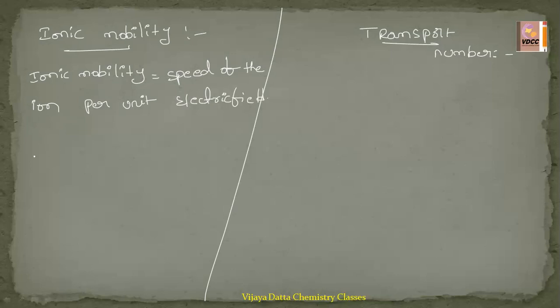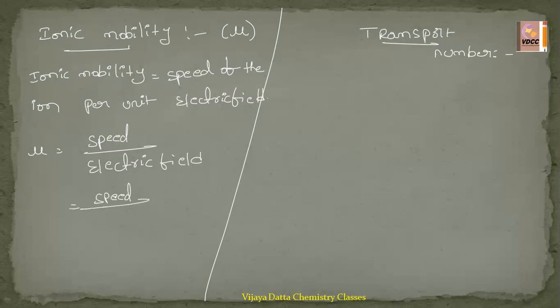This ionic mobility is represented with mu. So mu equals speed by electric field, we can even write it like this also, or speed by potential gradient. Because we are taking an electrolytic solution, we take the potential difference, that is nothing but the potential gradient. The units for this ionic mobility are V inverse centimeter square second inverse.